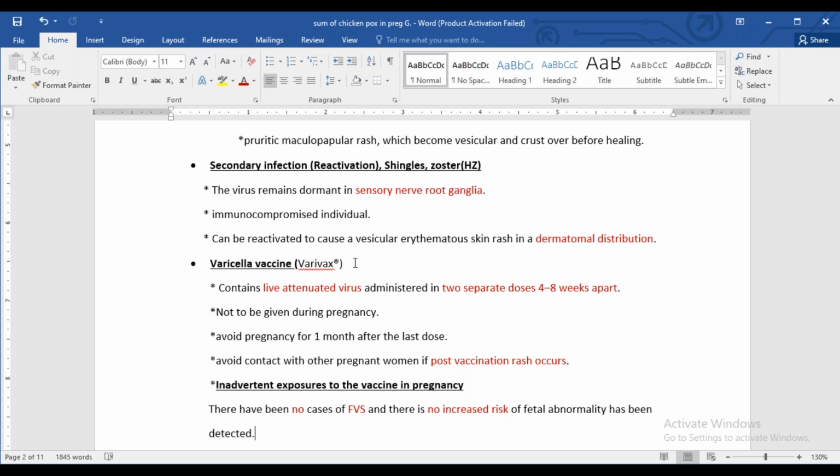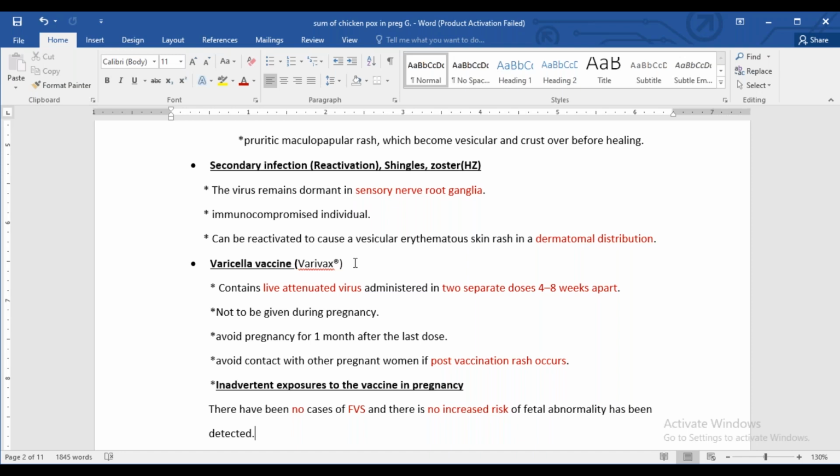So the woman who comes to you before pregnancy and she wants to check her immune status, and you found that she's not immune for varicella, you are going to give her the vaccine. If she agrees about this, okay, it will be given in 2 separate doses, 4 to 8 weeks apart.